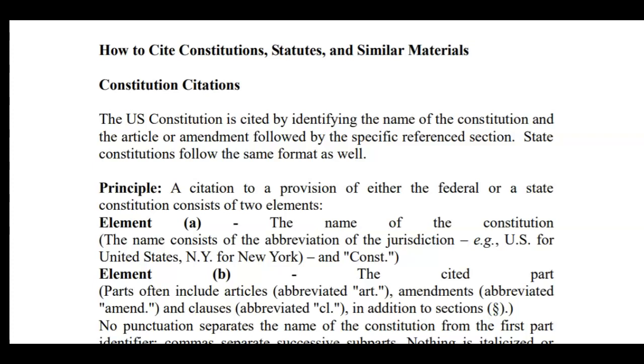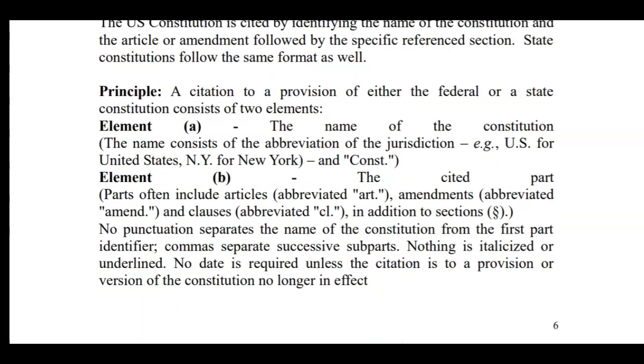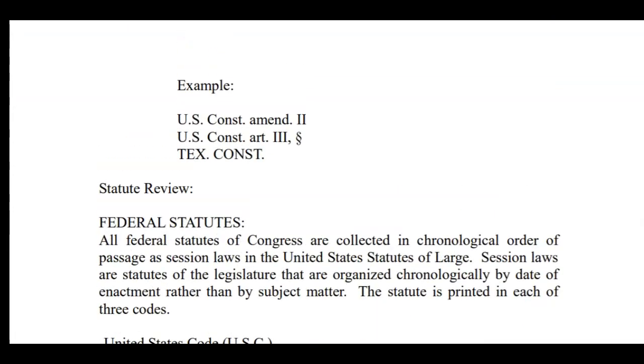It only has one basic principle and 2 elements when you're citing constitutions. Again, that's one basic principle and 2 elements. Let's see the example. Principle A, citation to a provision of either the federal or the state constitution, consists of just 2 elements.